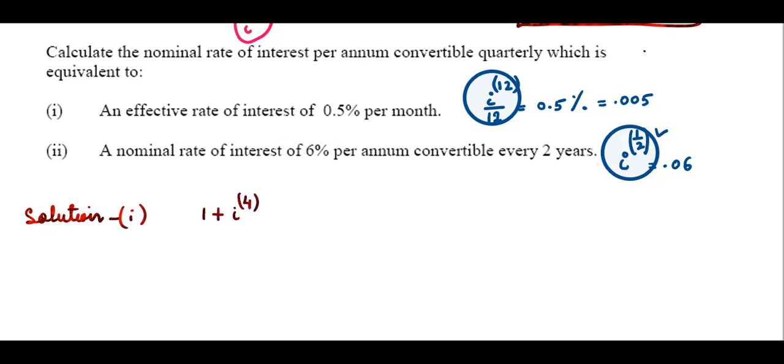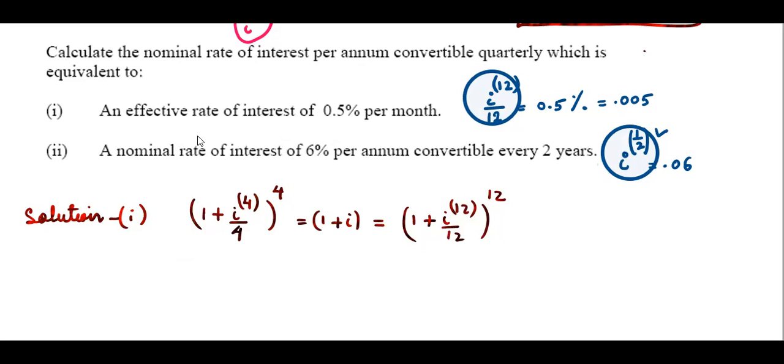I would like to write directly the formula. 1 plus i4 by 4 power 4 is equal to 1 plus i, and that is in turn equal to 1 plus i-12 by 12 power 12.